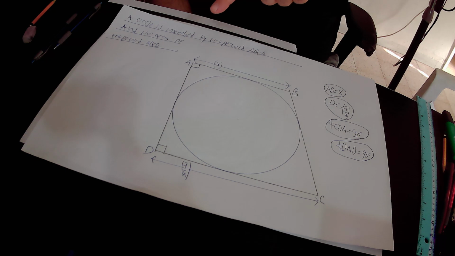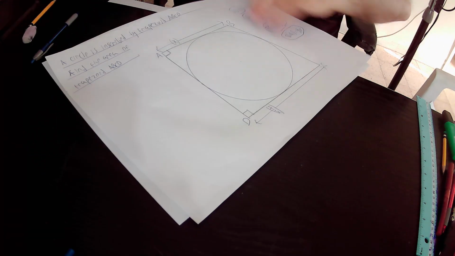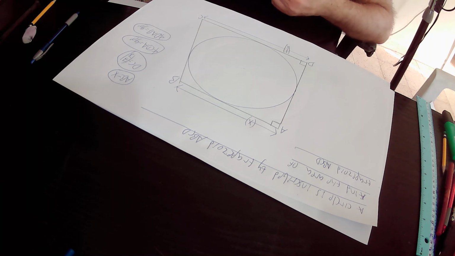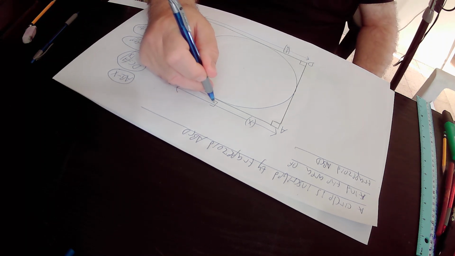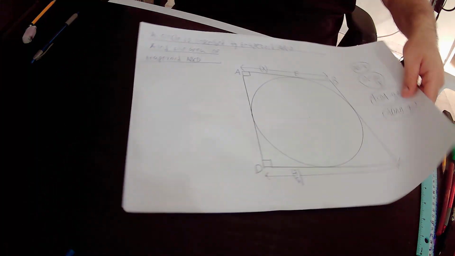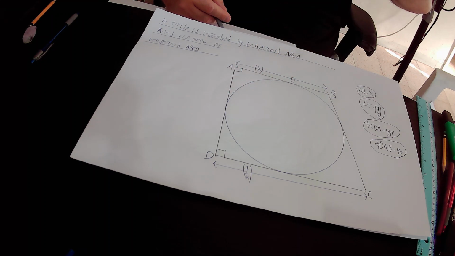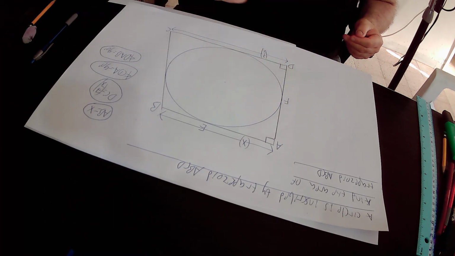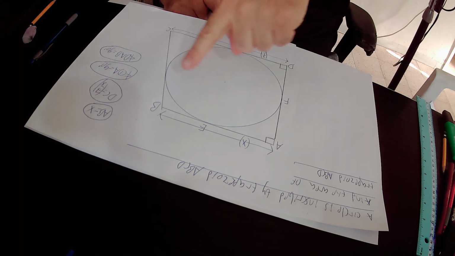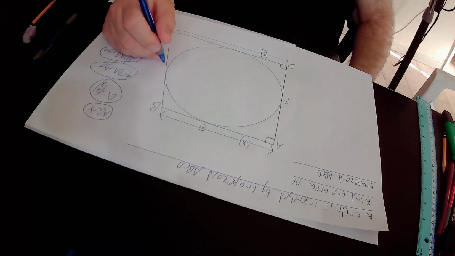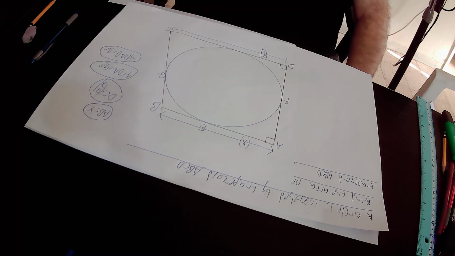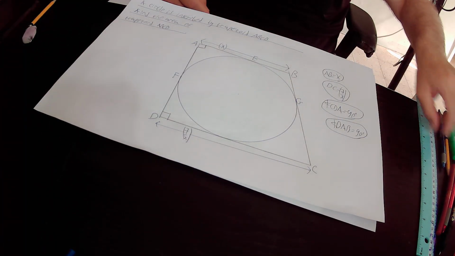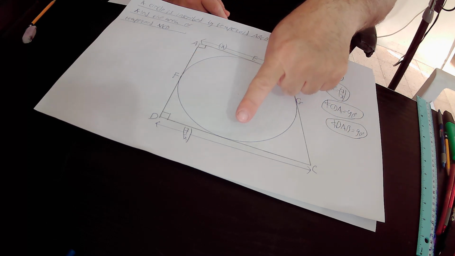We define the point of tangency of tangent AB with this circle, this point, as E. Likewise, we define the point of tangency of tangent AD with this circle, this point, as F. We define the point of tangency of tangent BC with this circle, this point, as G. And finally, we define the point of tangency of tangent DC with this circle, this point, as H.